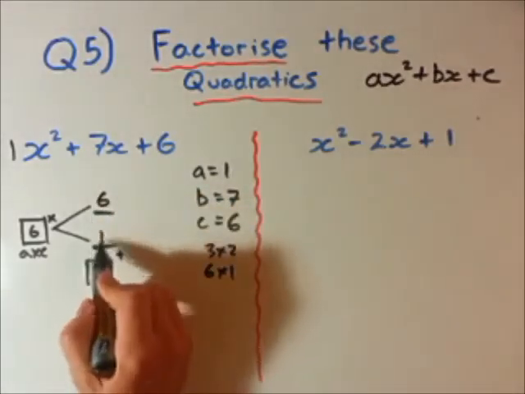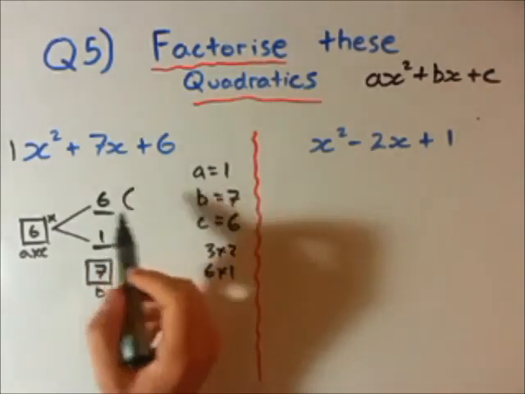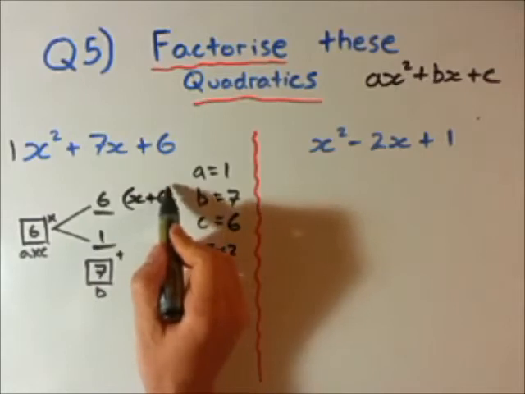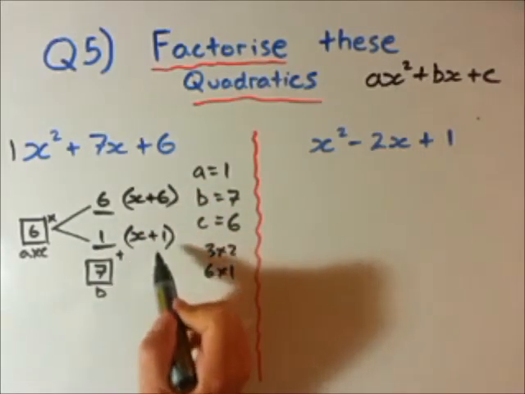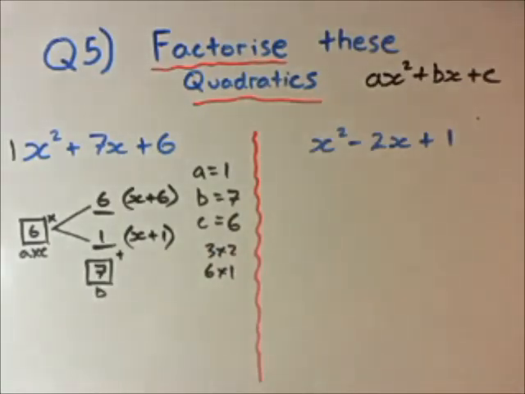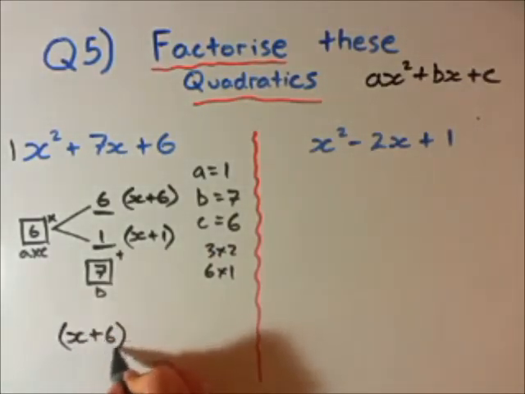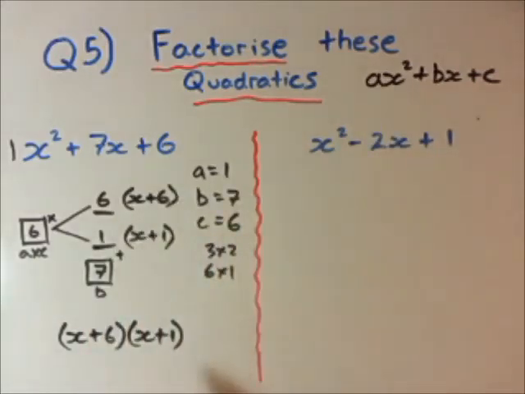There we go. So our 2 numbers here will be 6 and 1. Next step, you just write x plus this number here. And same for this one, x plus 1. And there are our 2 brackets. So our final answer will be x plus 6, you bring them together, x plus 1. So we have factorised this quadratic into bracket form pretty easily using this Fox family method.